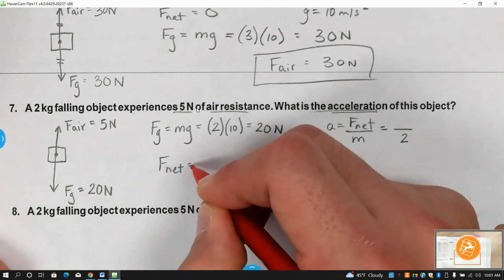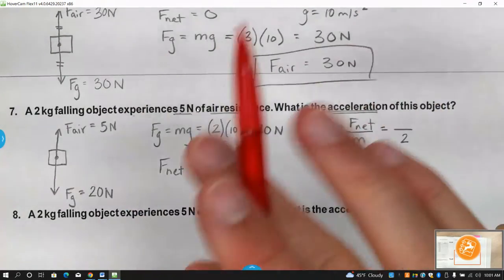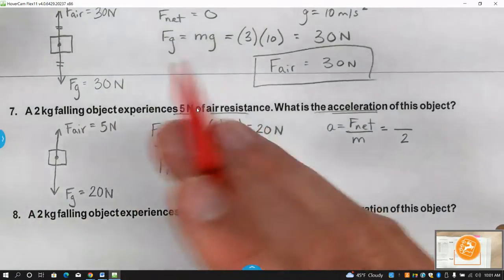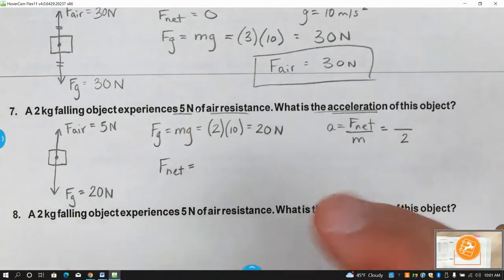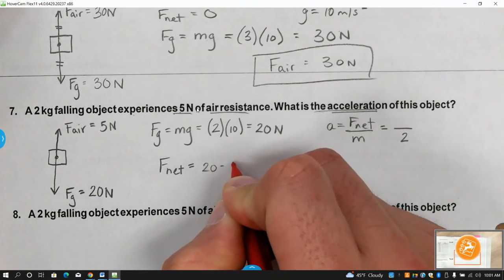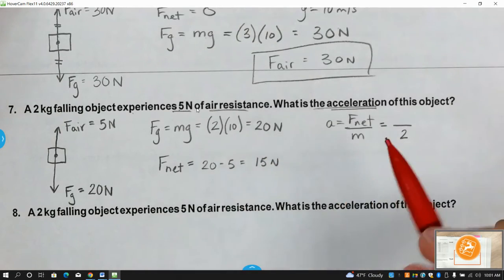Now, how do I find the net force? If there are 2 forces acting on this object in opposite directions, what do you do with the vectors, add or subtract? Subtract. So you're going to do 20 minus 5, which is 15 newtons in what direction?